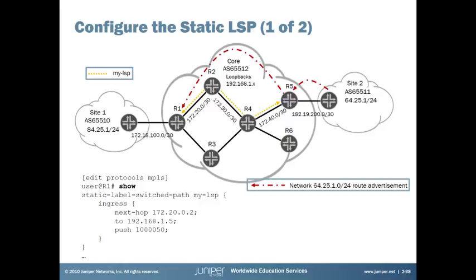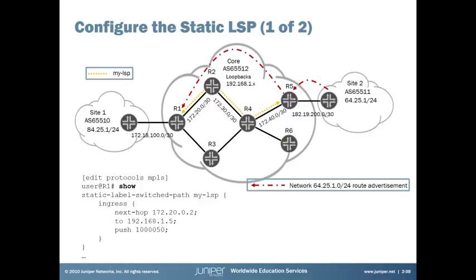Okay, so what we have here is an LSP, our static LSP. Let's take a look at R1. R1 is our ingress router here. So we have a static LSP with a very creative name of My LSP.